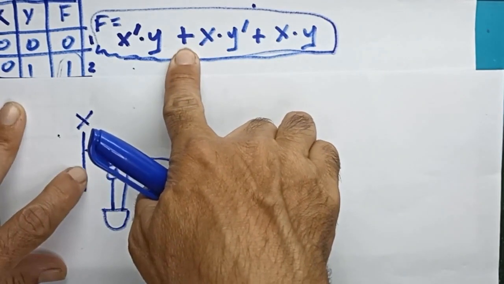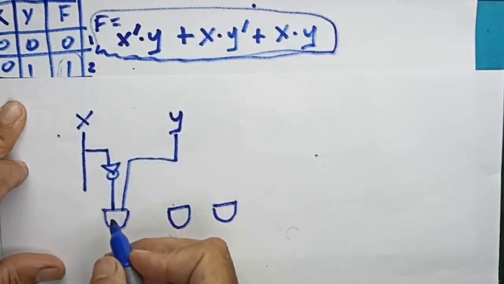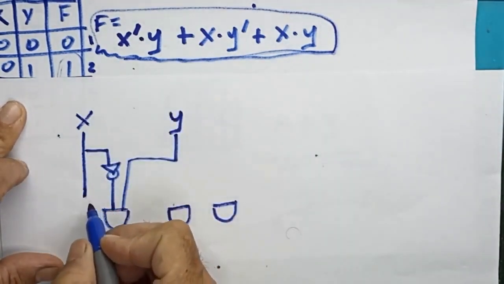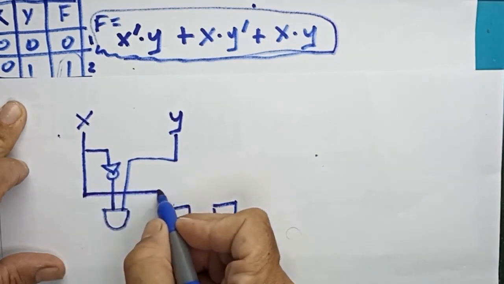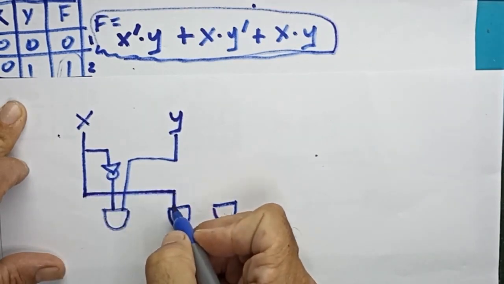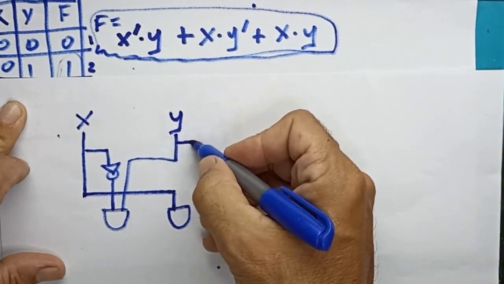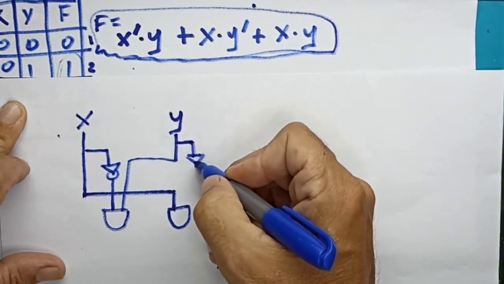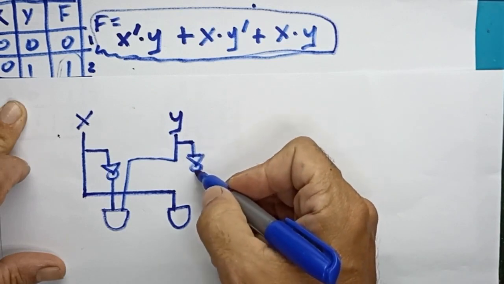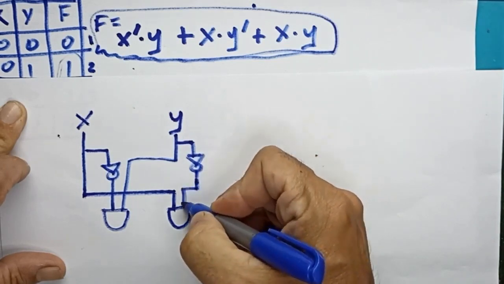Let's move on to the second. First we will create the products, so it tells us we take input x, and in the second input we see inverted input p. So we put another NOT gate over here. We invert and send the inverted input p to the second AND, and we move to the third.